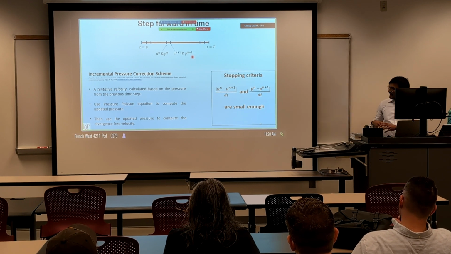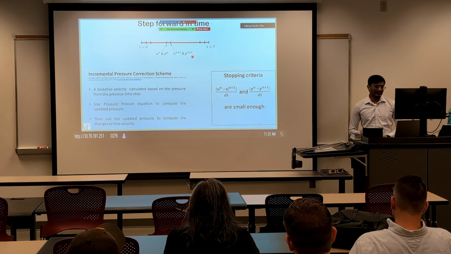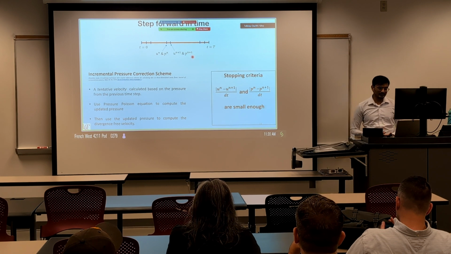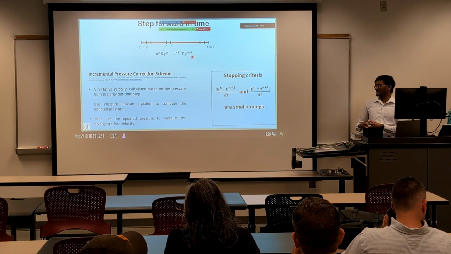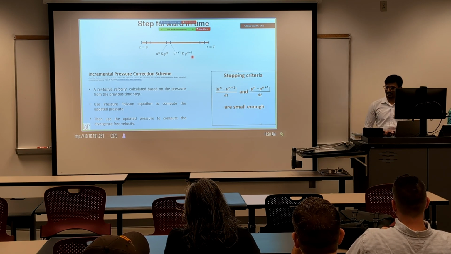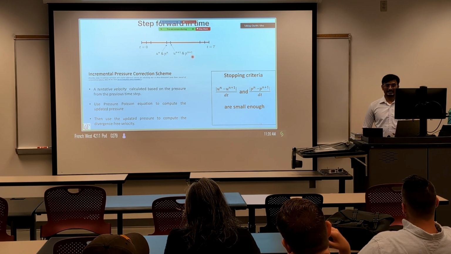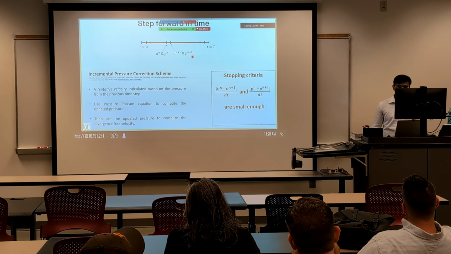And what I have newly added is the stopping criteria. Now, when this process continues, we want the solution to be stable. Stability is considered when the time derivative of the velocity as well as the pressure does not change as you progress with time.